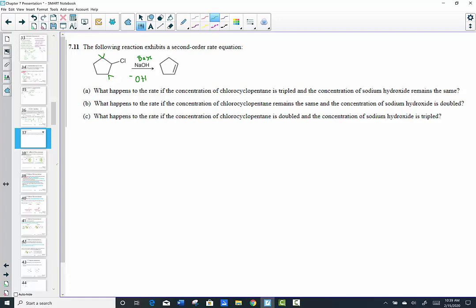Thinking about the mechanism, just to emphasize, what happens is the base reaches out for a beta hydrogen. The proton is abstracted. That forces this bond to collapse, which forces the leaving group to leave.